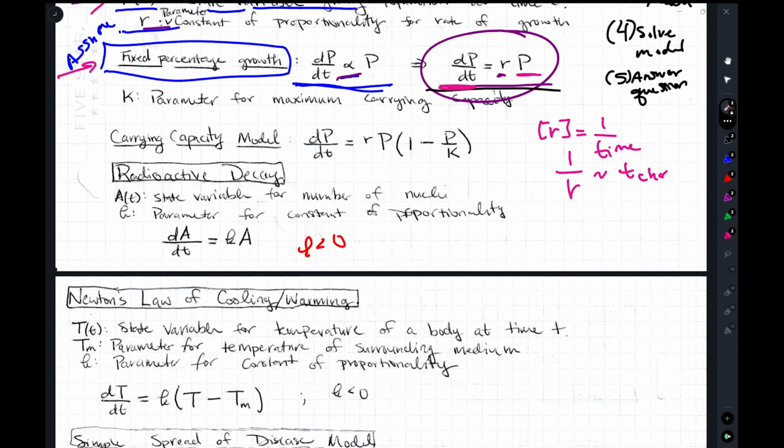Even the fixed percentage growth can incorporate a negative R, a negative rate of growth, if the population is declining. So that includes both births and deaths, right? You could separate the two, but if you have more births than deaths, R will be positive. If you have more deaths than births, R would be negative, okay? You simplify things that way. And so that's radioactive decay.